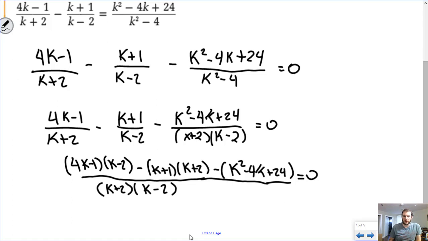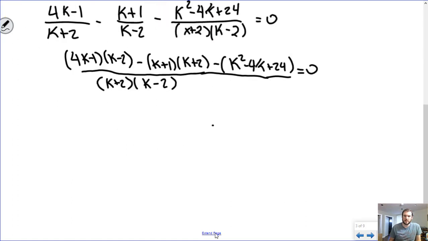So again, at this point, what we're going to want to do is state our non-permissible values, just to say that, yeah, this thing has values of k it's not allowed to be. And we get that from our denominator, right? This thing, k, is not allowed to be -2, and it's not allowed to be +2. All right, so now we're going to focus in on the numerator.